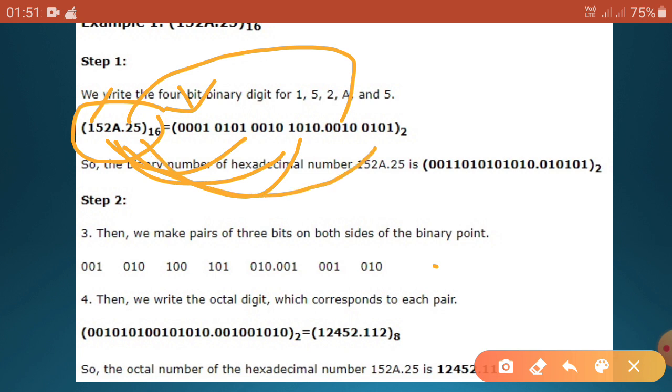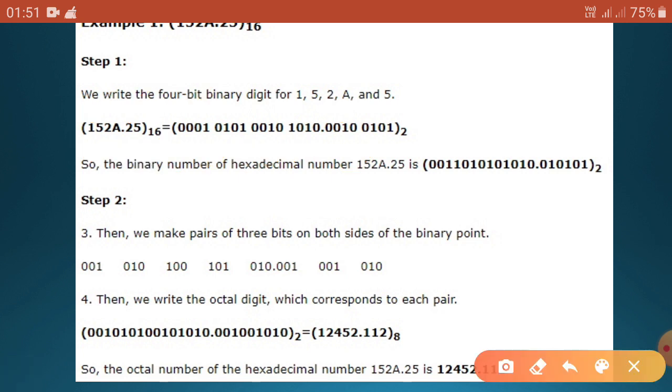So whenever it is a fraction or integer in hexadecimal or alphanumeric value, we write all the values in their respective binary digits. Then step 2 is to make groups of 3 bits on both sides of the binary point.